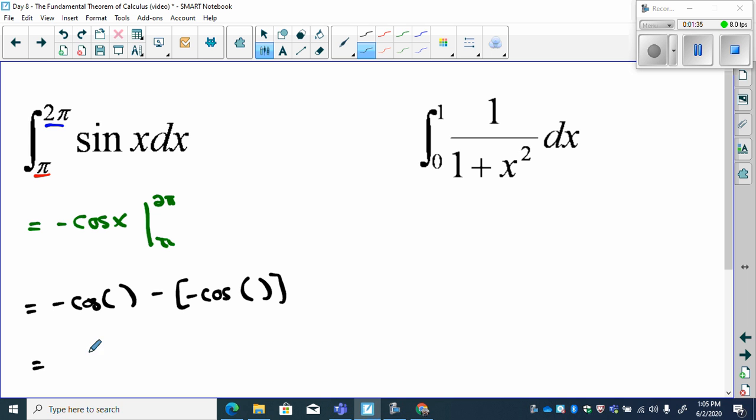And it would probably make most sense to distribute the negative now and call this plus. That would become a positive cos x. So b value goes in, a value goes in, and away we go. I'll work this out.